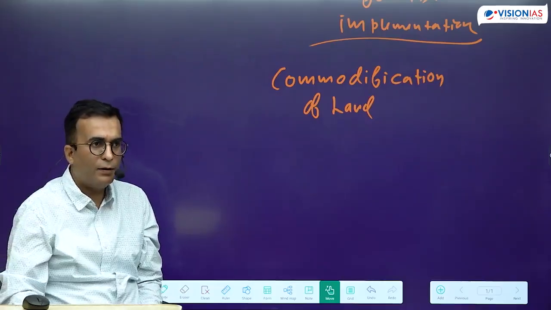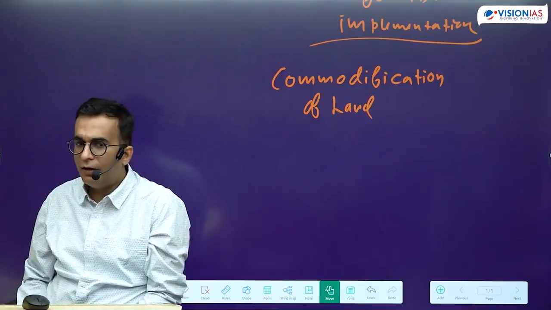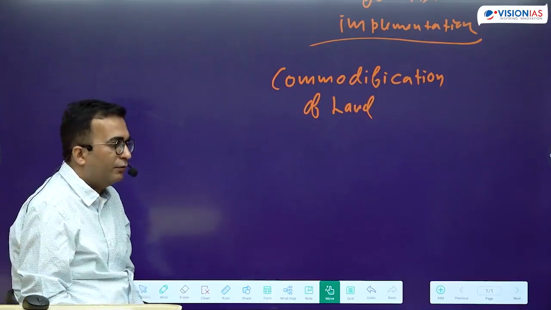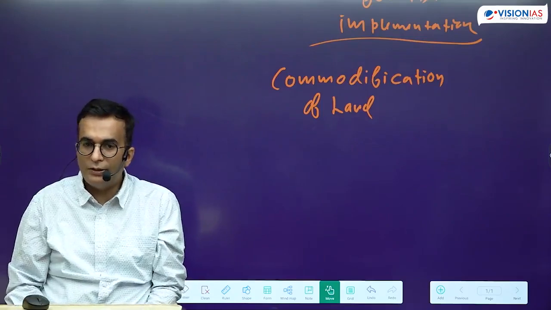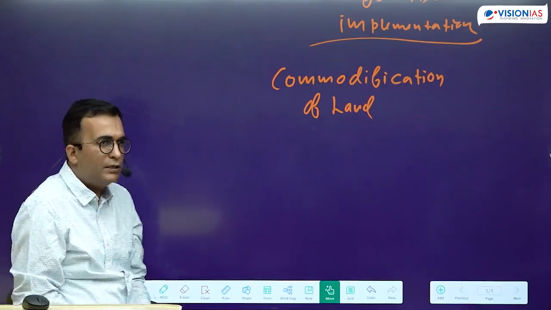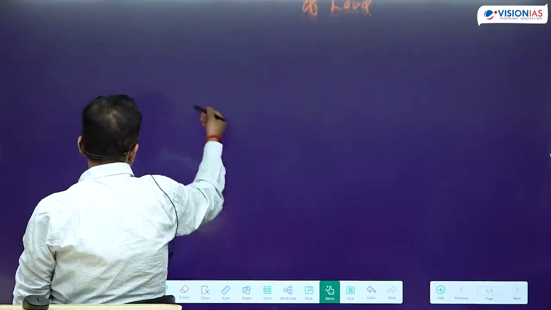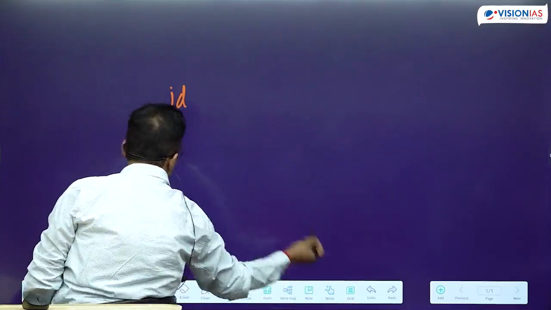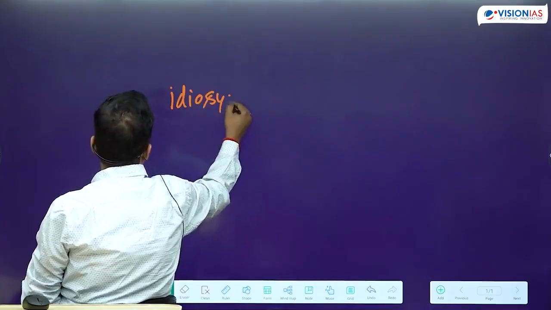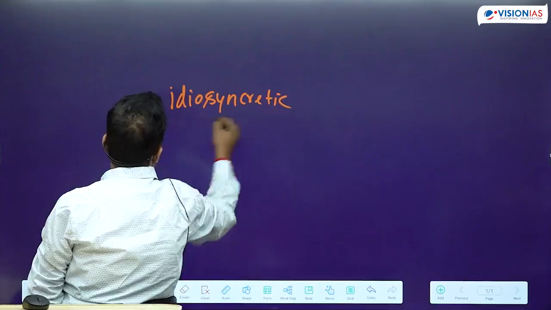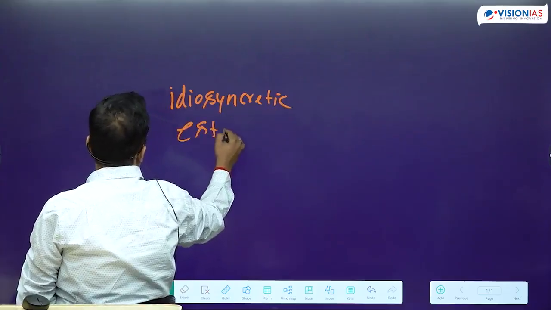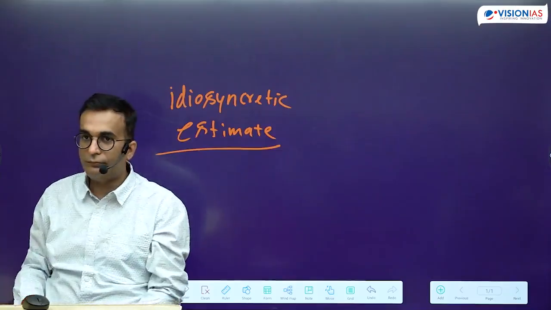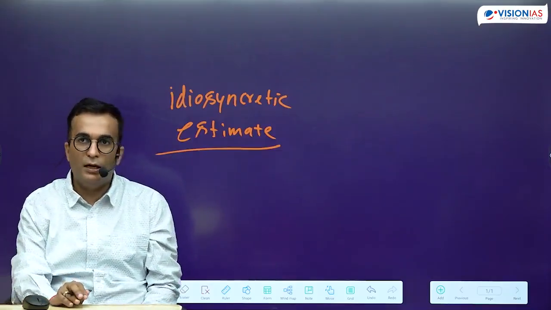Faulty land records were created on the basis of idiosyncratic estimate. I'm writing the spelling on the board, you can see. Idiosyncratic estimate. But not on the basis of actual measurement.